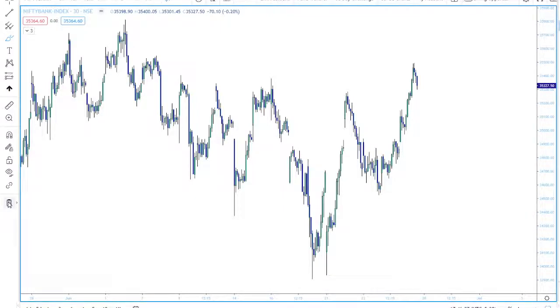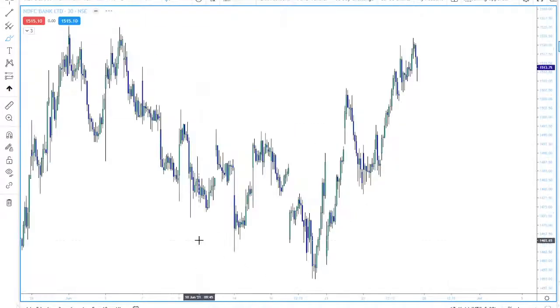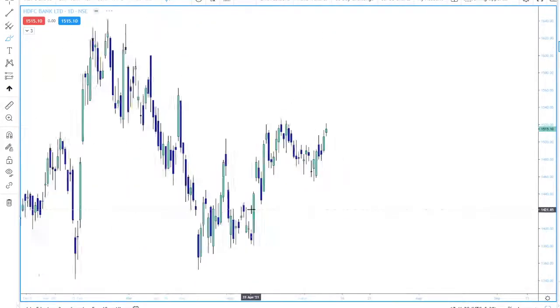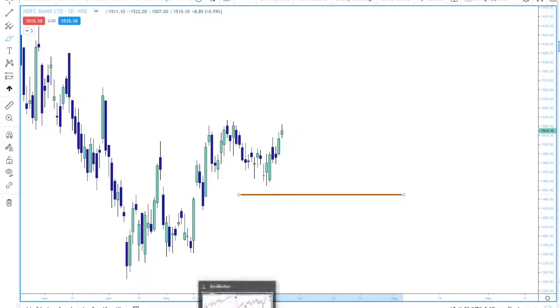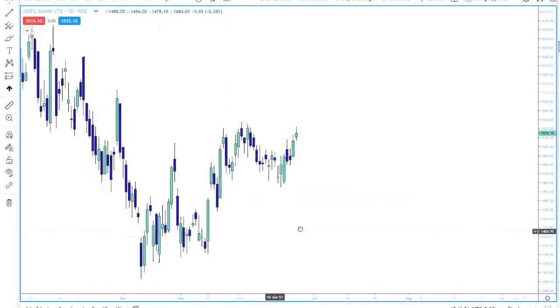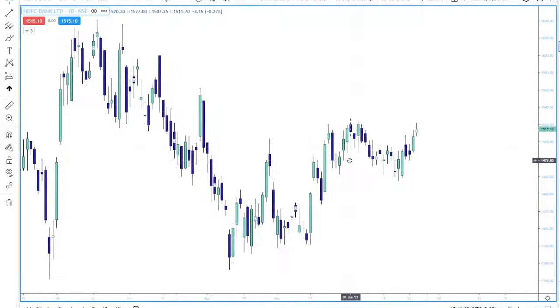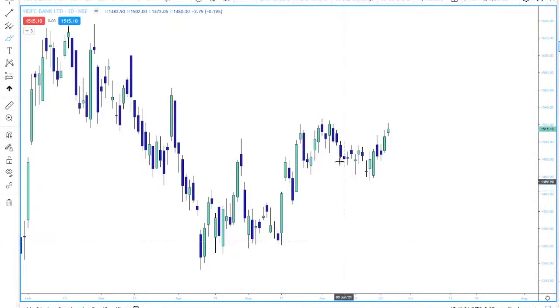Apart from that, I have told you I'll be showing you some of the intraday stocks that you can focus on. First one is HDFC Bank. If you look at the daily chart, the price tried to come down several times, but you can see those wicks at the bottom.